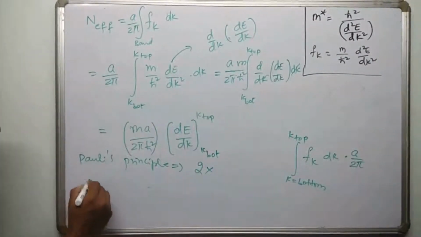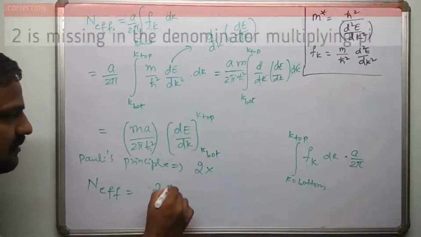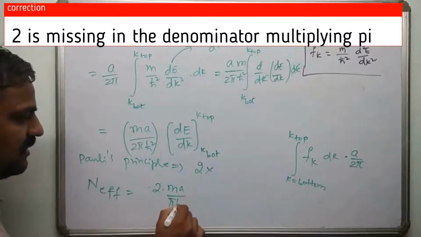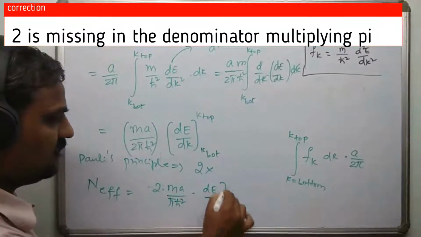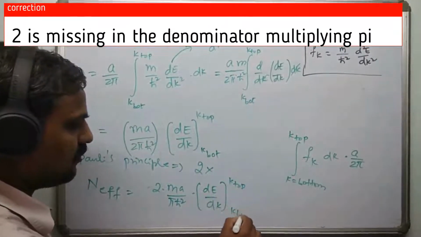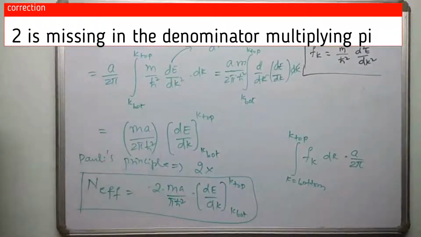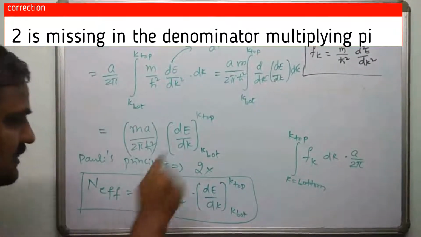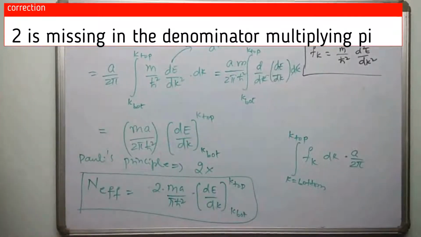If that is the case, my n effective is just going to be 2m a by pi h cross square into dE by dk with slope at k top and k bottom. Right? This is the n effective. This is a useful expression. So please copy this. I'll write it there and erase the board.